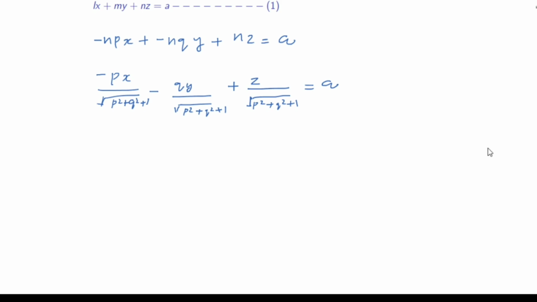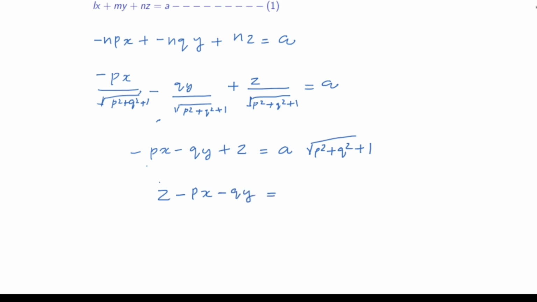Now we transfer √(p² + q² + 1) to the other side. So we get -px - qy + z = a√(p² + q² + 1), or even we can say z - px - qy = a√(p² + q² + 1).